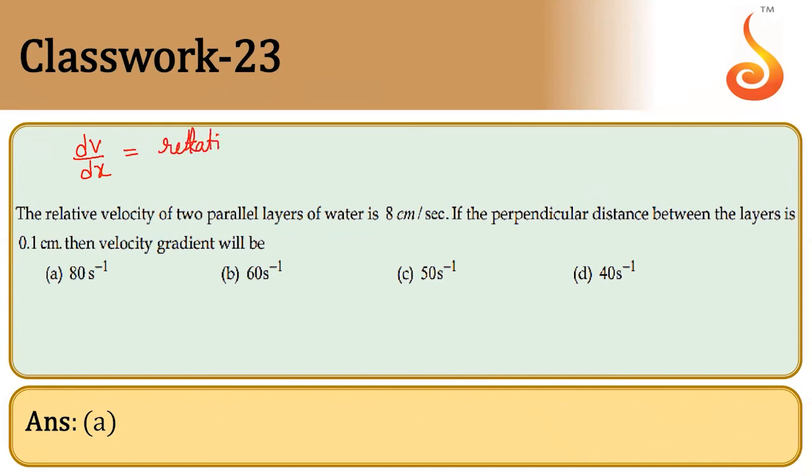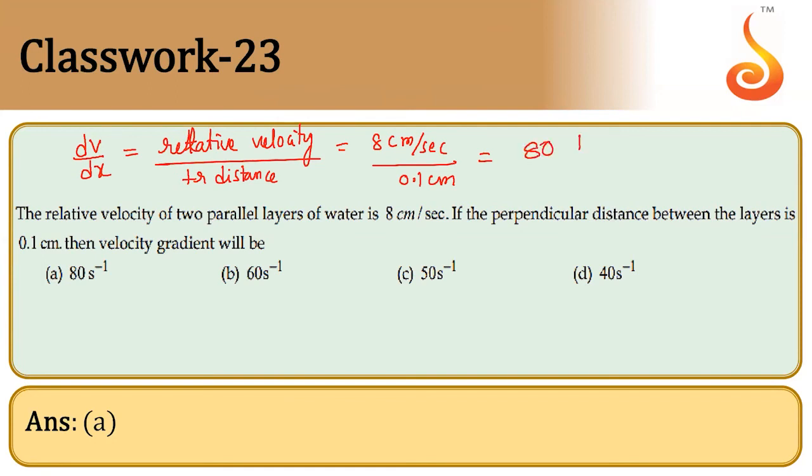What is the relative velocity? 8 centimeter per second, divided by perpendicular distance 0.1 centimeter. Remember, that is the velocity gradient, dV by dx. How much do you get? 80. Centimeter gets cancelled. 80 per second.